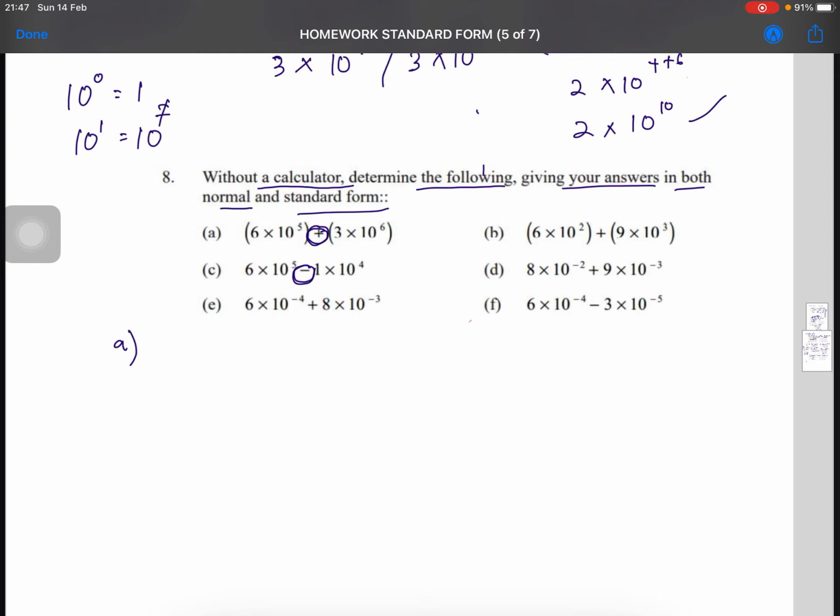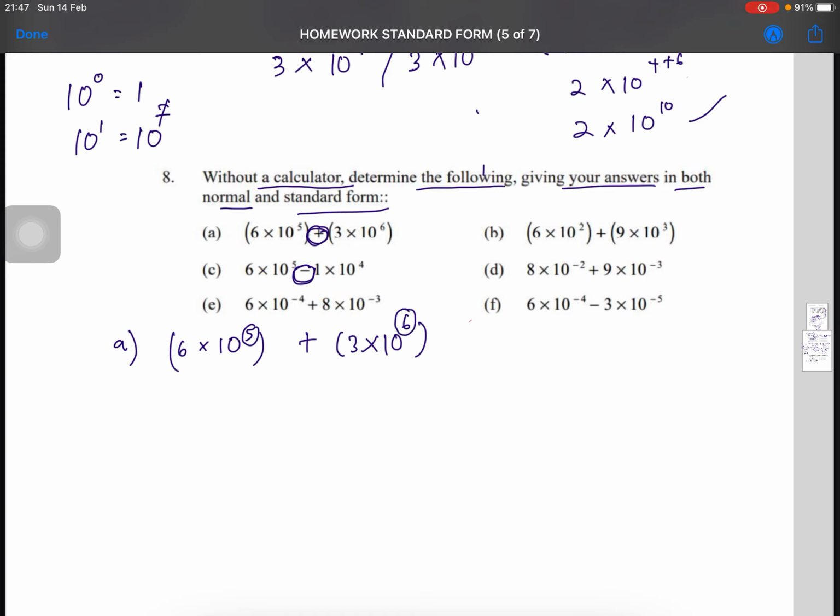For A, we have 6 times 10 to the power of 5 plus 3 times 10 to the power of 6. Here we have power 5 and power 6.